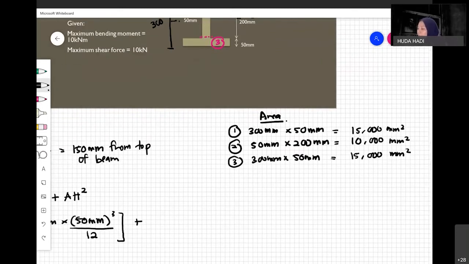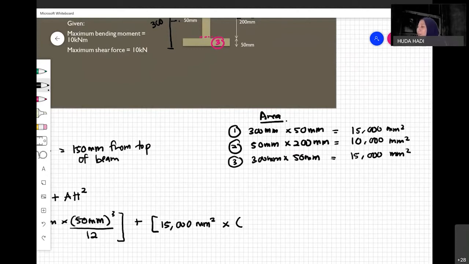So we're looking at the first area, the topmost one. We're going to use area number 1. So it becomes 15,000 mm square and you multiply with H square. So how do we get H square?